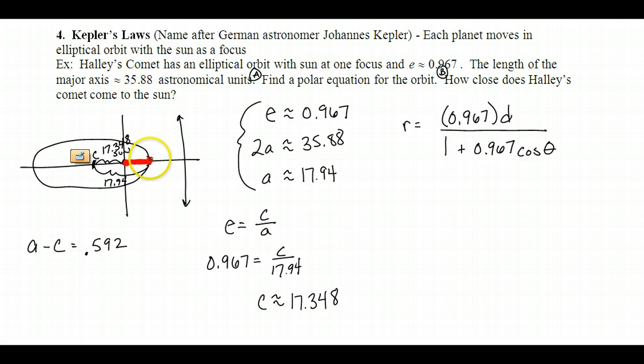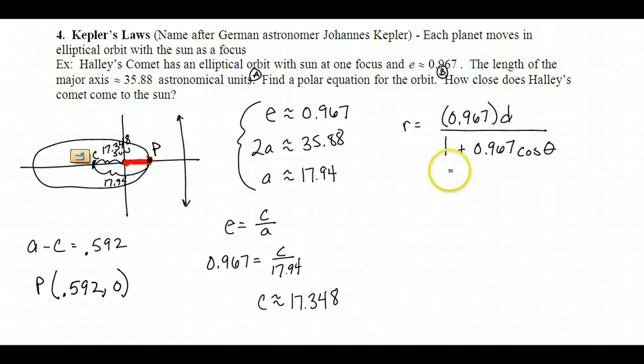So I know that this vertex point, I'm just going to call it P, a point that is on my ellipse, is 0.592.